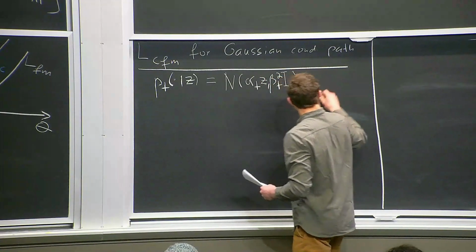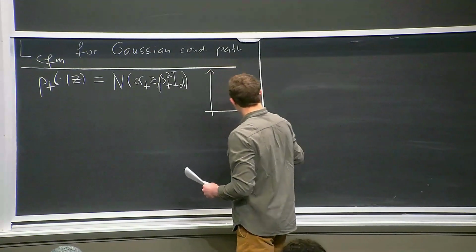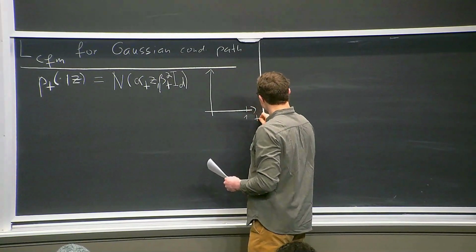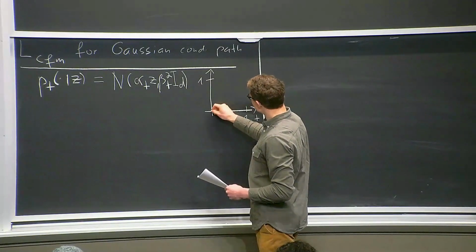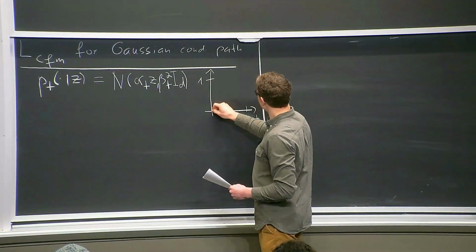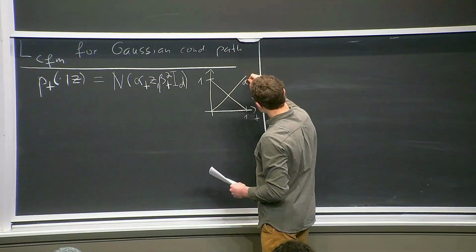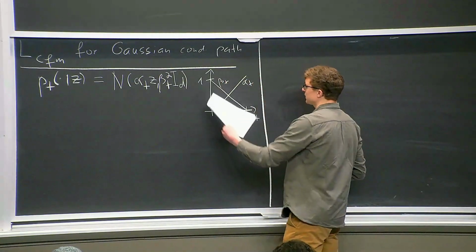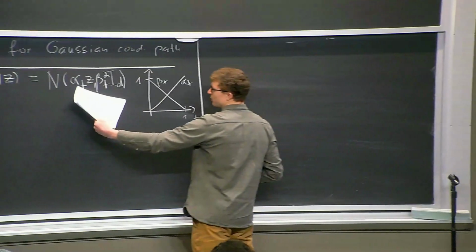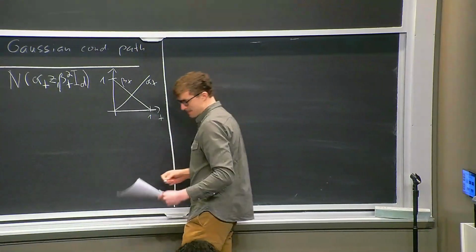And if you remember, alpha_t and beta_t were designed such that alpha_t increases from 0 to 1, and beta_t decreases from 1 to 0. So what we're doing is increasing this mean from 0 to z and decreasing the variance from 1 to 0.